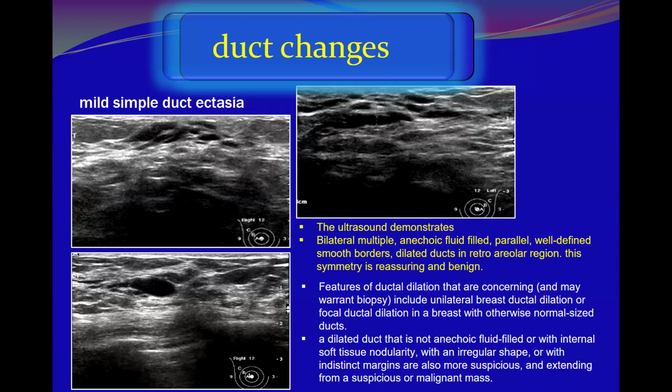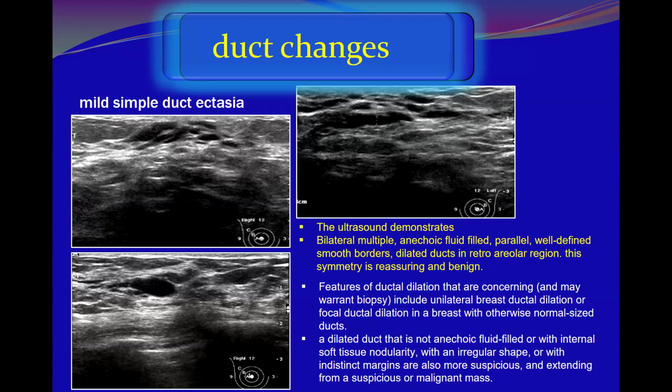So not all ductal dilatation has a clinical significance unless the patient has symptoms. In this case, ductectasia can present with pain, can present with nipple discharge, all types of nipple discharge. Even bloody nipple discharge can be associated with just non-malignant ductectasia, okay? We have seen all such cases in our practice.